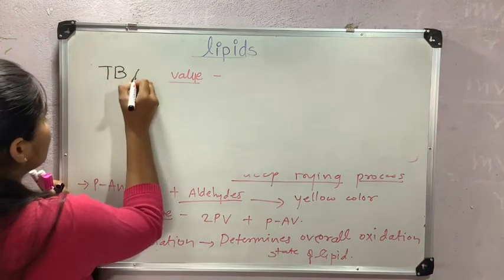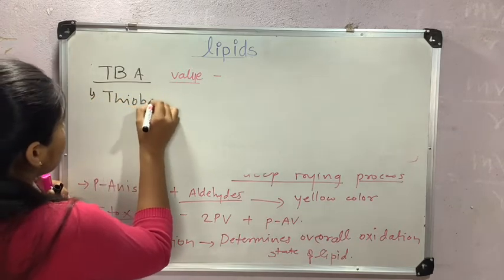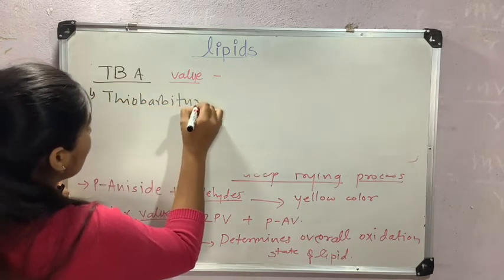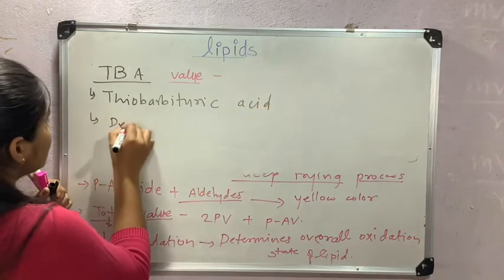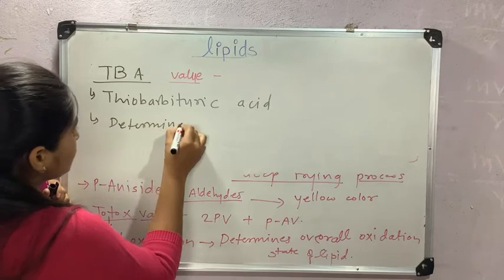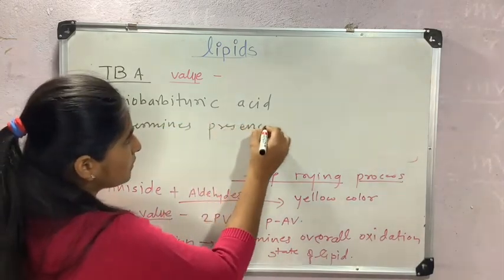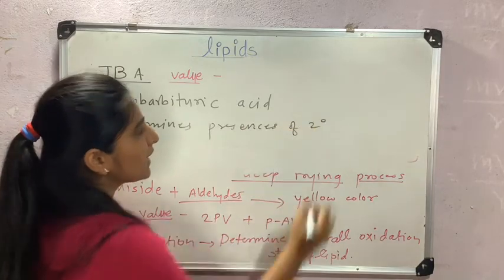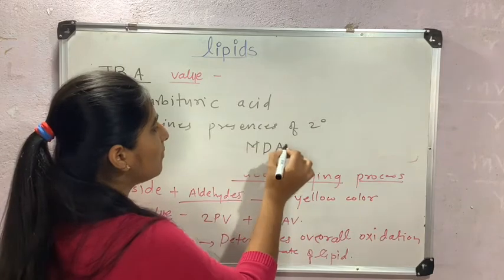This TBA value determines the presence of the secondary oxidation product MDA, or malondialdehyde.